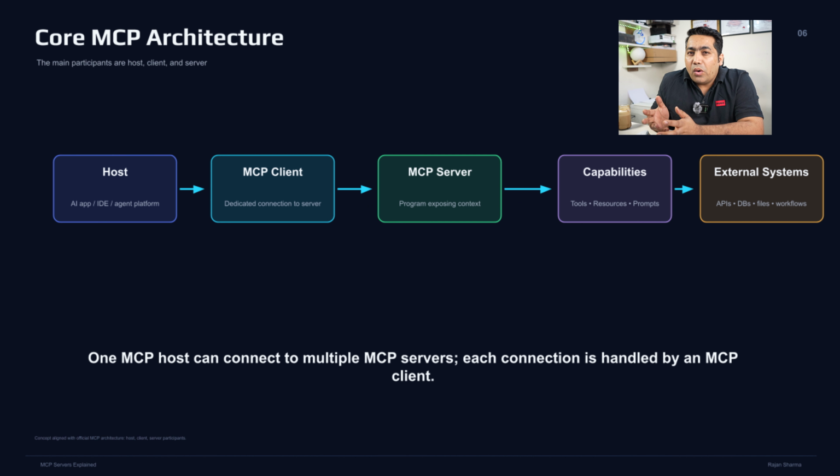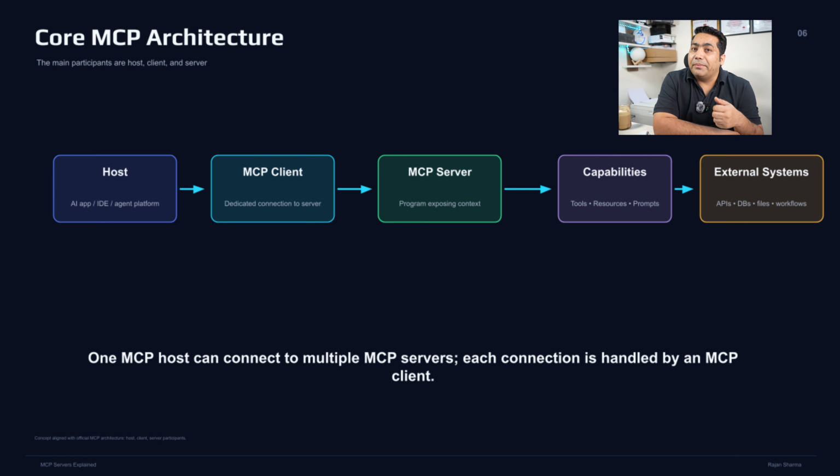Now look at the core architecture. There are three main participants. First, the host. The host is the AI application where the user experience lives. The second is the MCP client. The client is the protocol connection inside the host. Third is the MCP server. The server exposes capabilities.